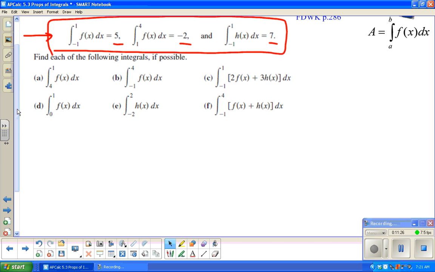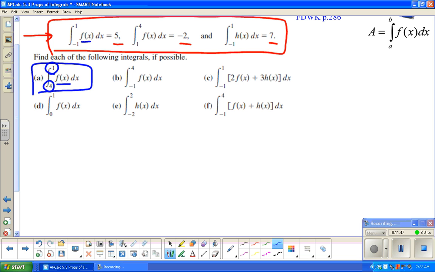What we're supposed to do then is figure out what the integral from 4 to 1 of f of x is, based on the other information we see. So what you want to do is apply those formulas. Now, you have to kind of browse around and see where these came from. Like, for instance, this 4 and this 1 for f of x. Well, here's f of x, that's not 4 and 1.